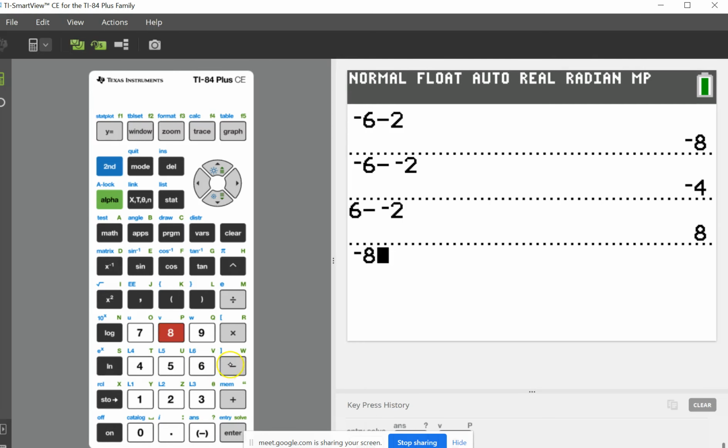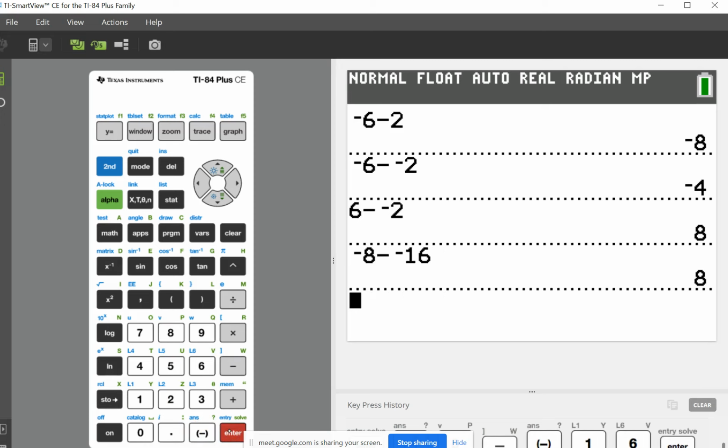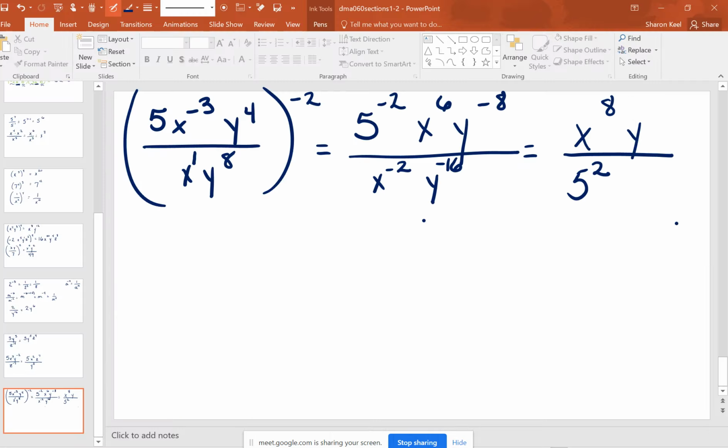And that's going to give me also a positive 8. So see, these ended up simplifying themselves when I did the subtraction, so they don't move again. Final answer is going to be x to the 8th, y to the 8th, and 5 squared is going to be over 25.